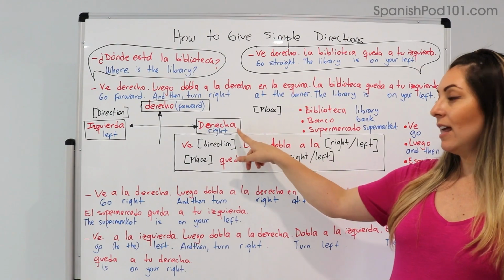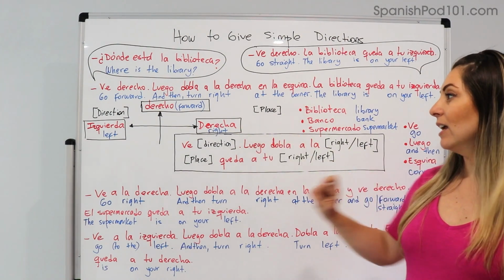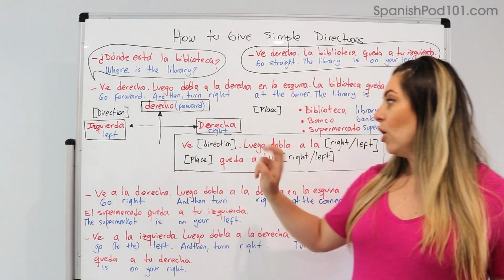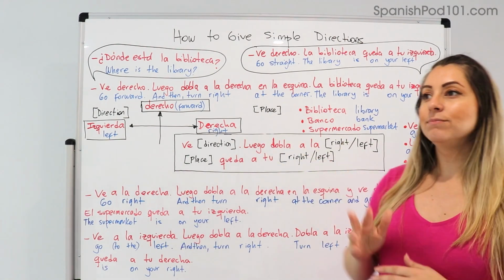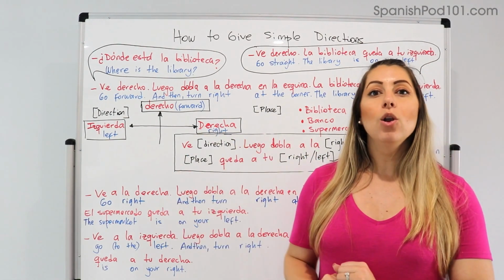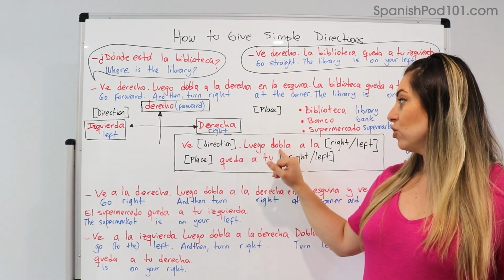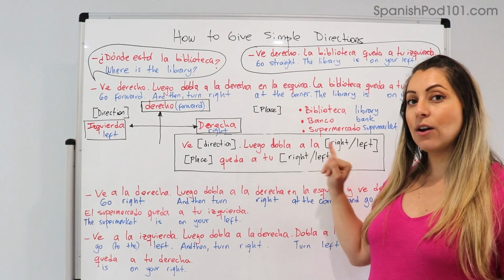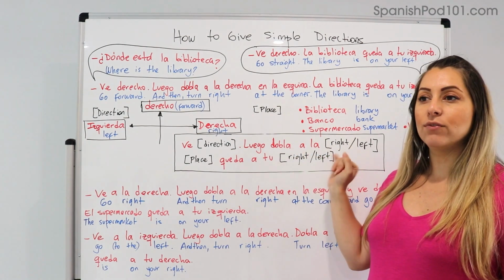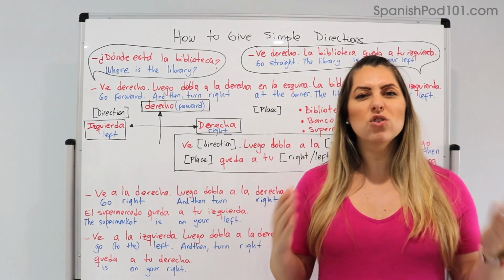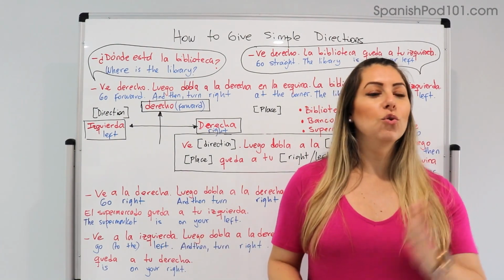Right, como se dice, derecha, left, izquierda. Luego dobla a la derecha, luego dobla a la izquierda. And then turn right and then turn left. In Spanish, the literal translation is turn to the right, turn to the left.